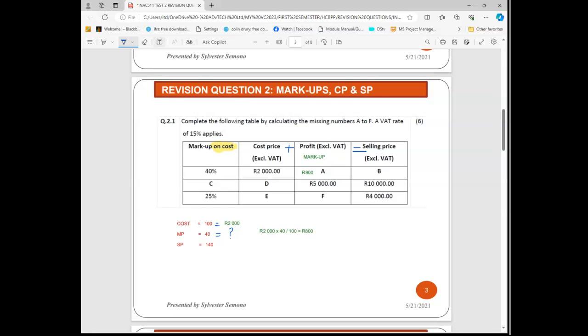So 2000 plus 800 is 2800. It's the same as here, can you see? This formula: we always add this, and you always get this. That's the formula, because the selling price is cost price plus markup. Does that make sense? Yes.